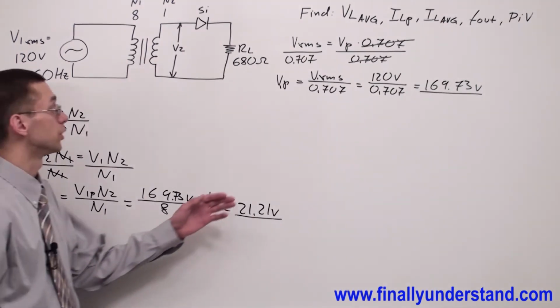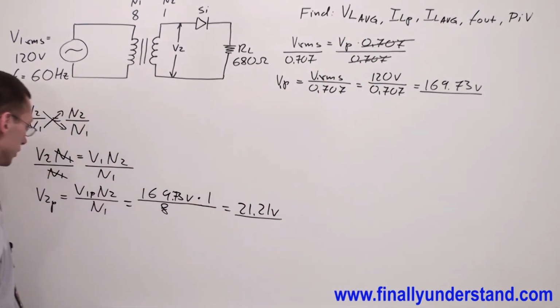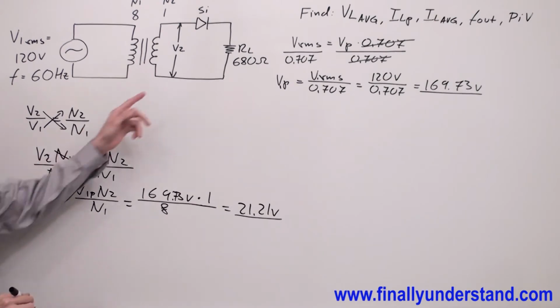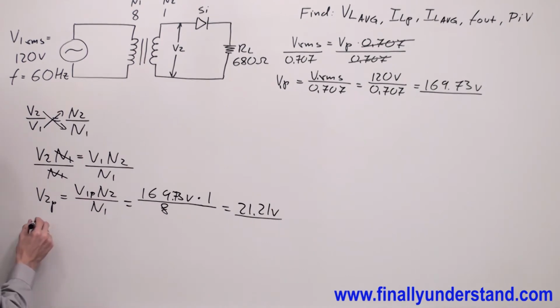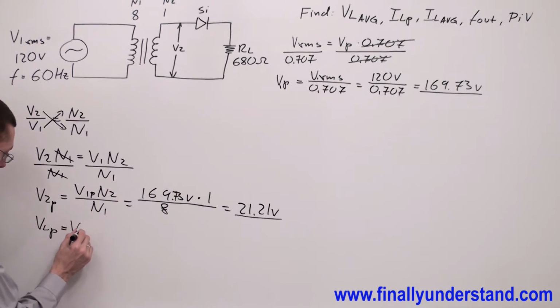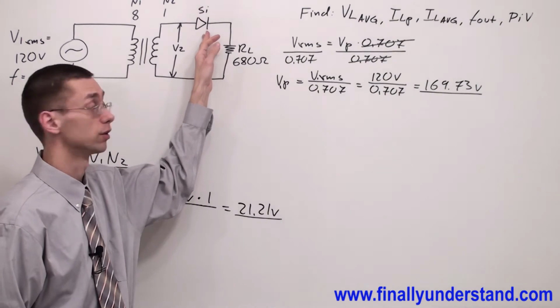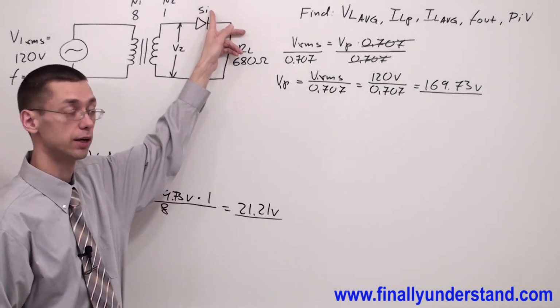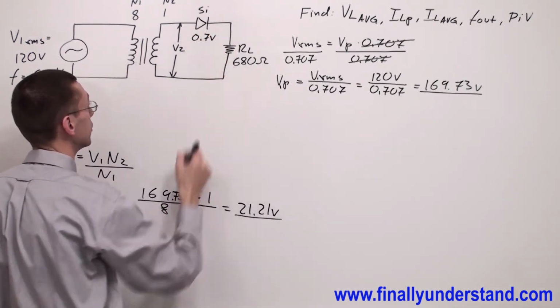The problem is asking me to find average voltage. In order to find the average voltage, I have to find VL peak first. I have to find the peak voltage across the resistor. VL peak is equal to V secondary peak minus the voltage drop across the diode. This time we are using a silicon diode, and a silicon diode has a voltage drop of approximately 0.7 volts.